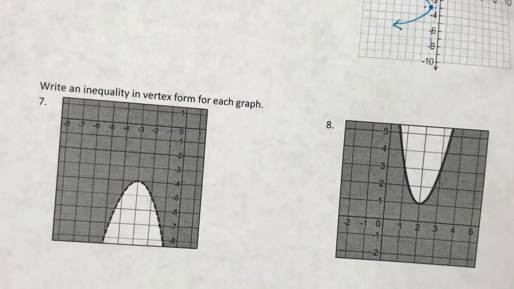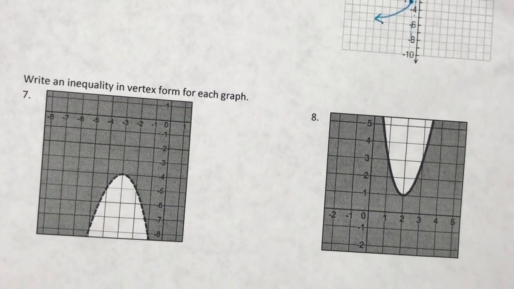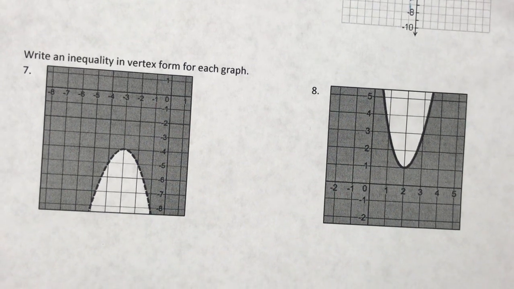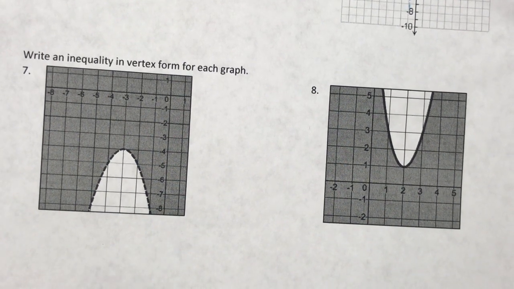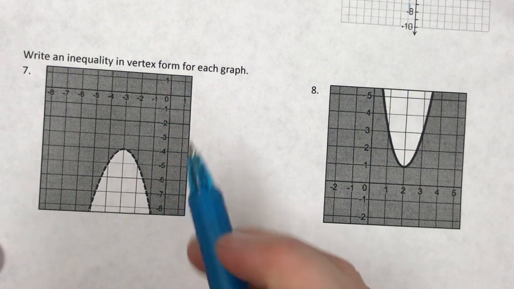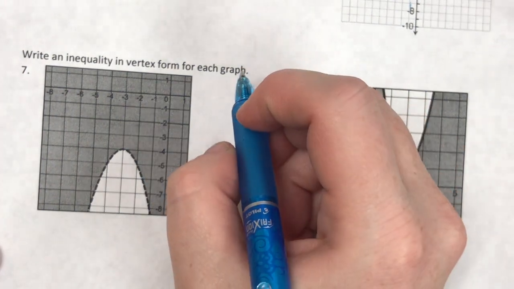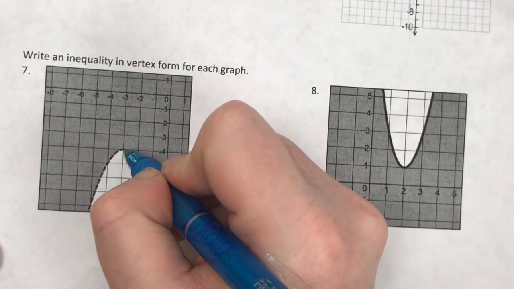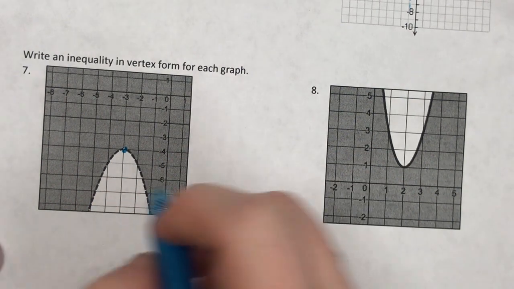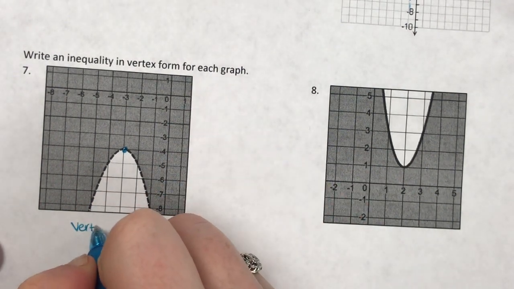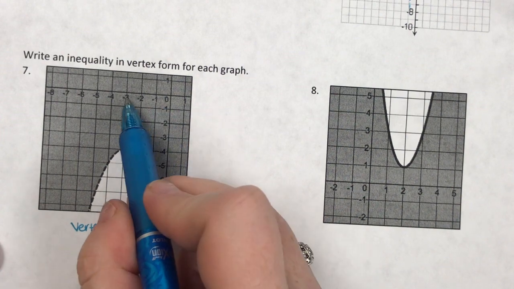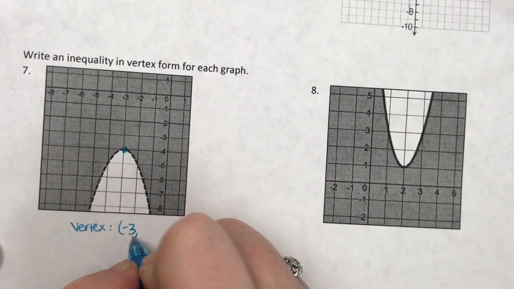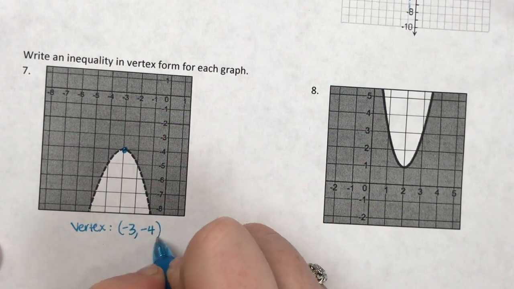Number 7, write an inequality in vertex form for each graph. The vertex here is at -3, -4.